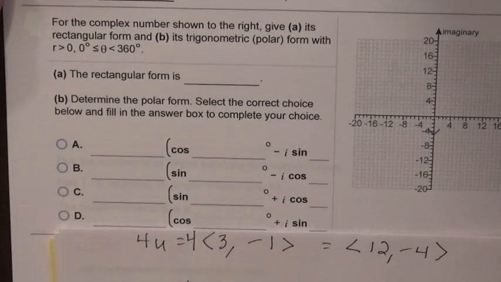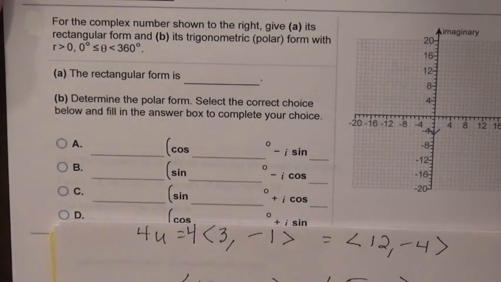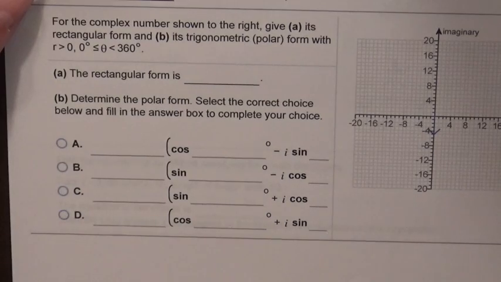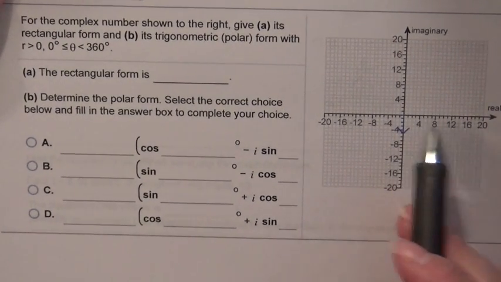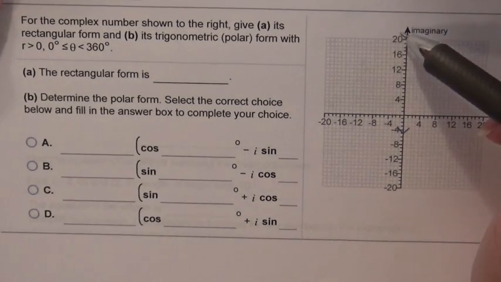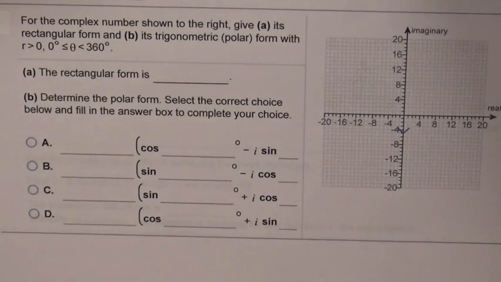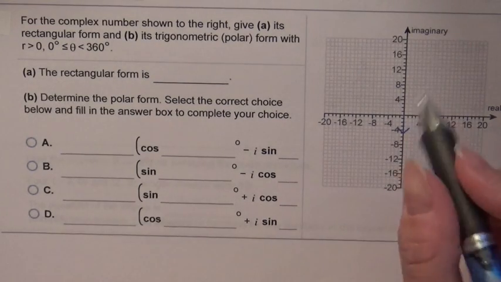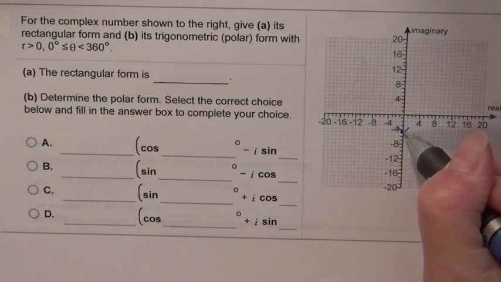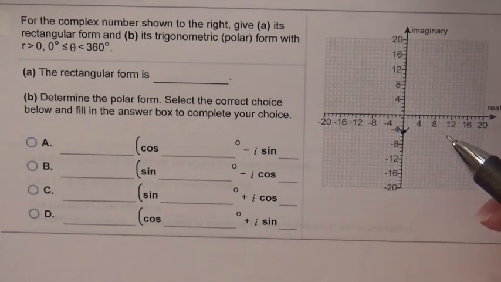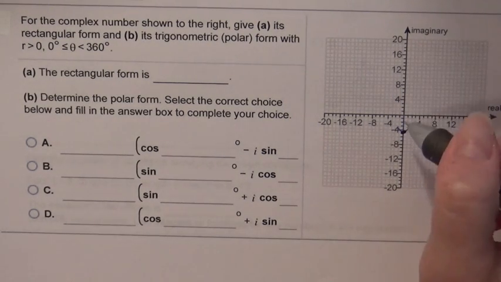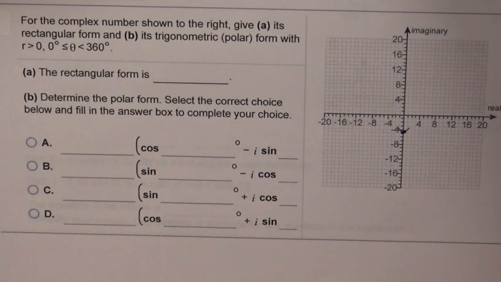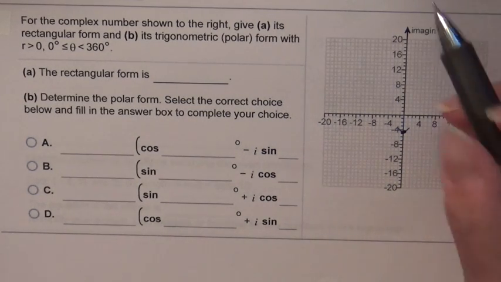We're given a complex number on the graph. So remember, the x-axis is your real part, the y-axis represents the imaginary part. So it ends right here at this point. Now I know that you probably can't see this too well and you can't really blow it up, but it appears to be at -4. The best I can tell, it might be at -5.